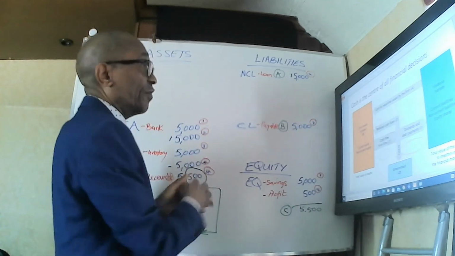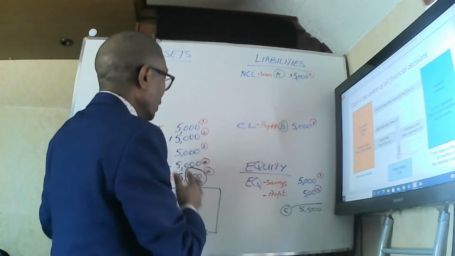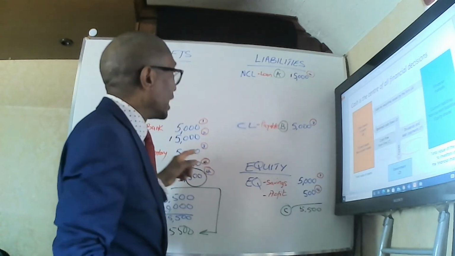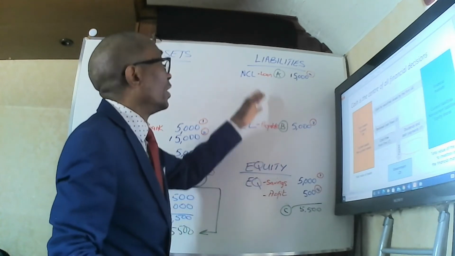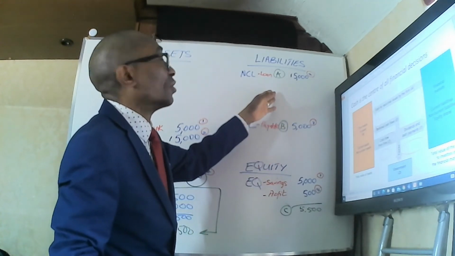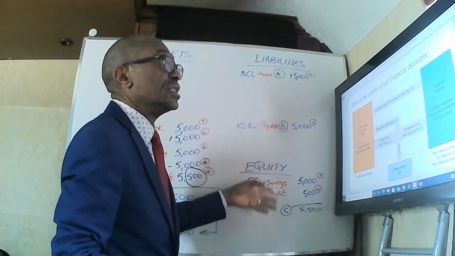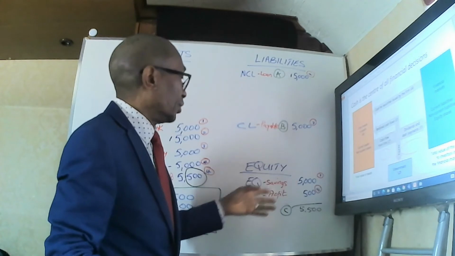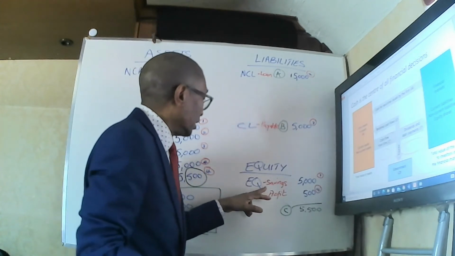Remember this 500 value added here. Then all the money we get here, we now go back again to either pay all these people we're owing, repayments of loan, interest, dividends to shareholders if we need to pay dividends.